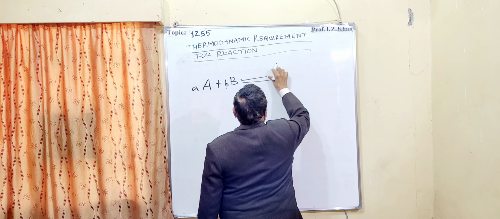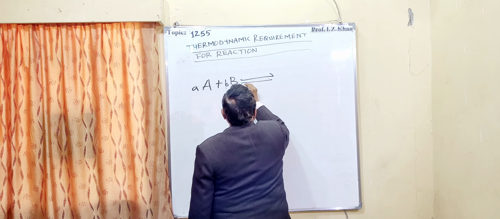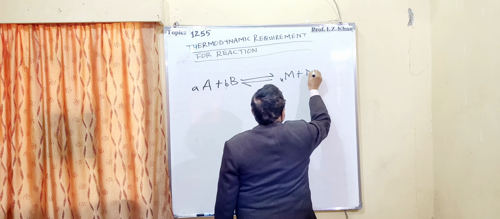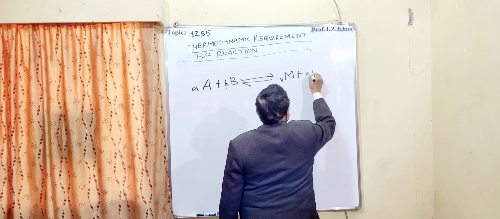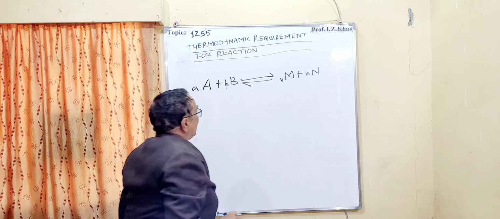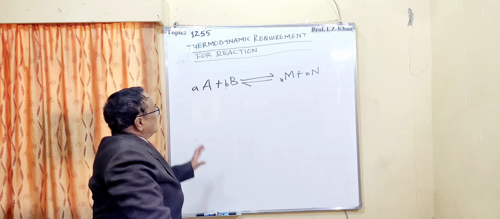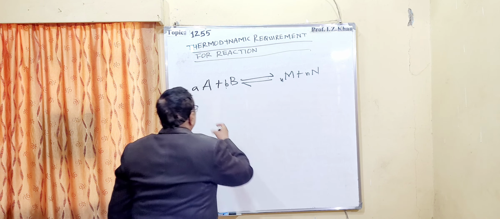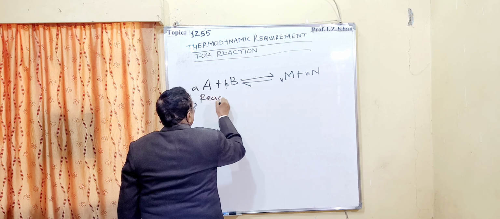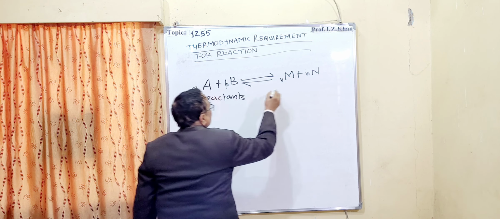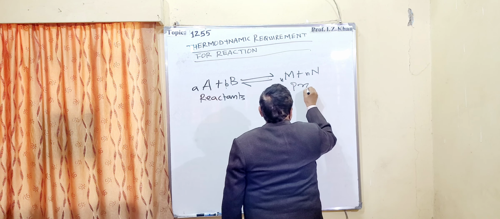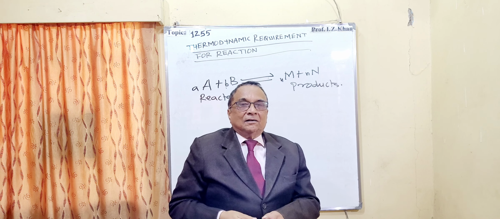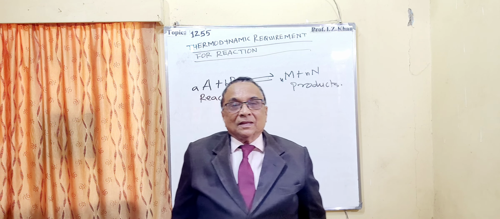If a half arrow is there, left and right, it will be M plus N. So it is like that, where on one side A and B are reactants and M and N are products, and all these are on the basis of energy change.